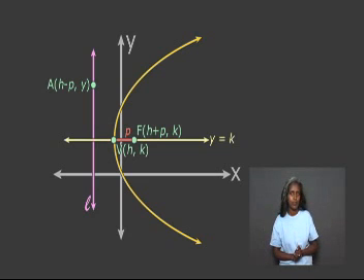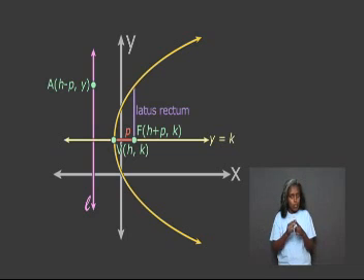The last terminology to learn is the latus rectum. The latus rectum is the chord that passes through the focus and is perpendicular to the axis. A parabola can appear in 4 different ways.